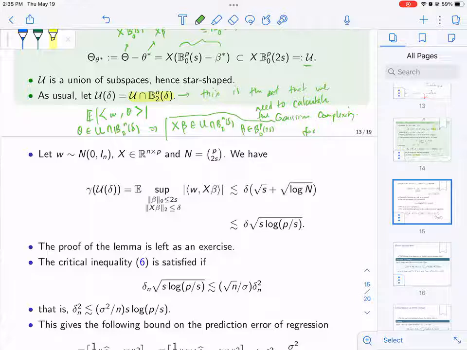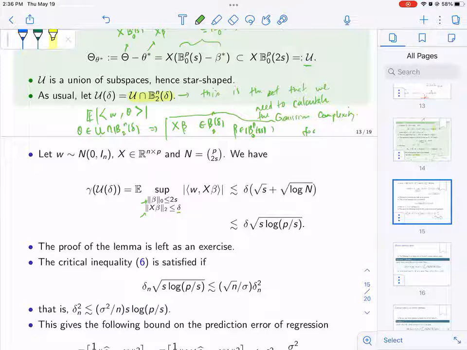So beta has to be in the 2s L0 ball, and X beta has to be in the L2 ball, so that's the radius. Sorry, U is going to go away. Theta belonging to U means X beta, where beta is in B0 2s, and this itself belongs to B2 delta. That's what it looks like.